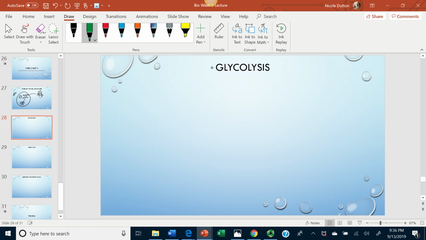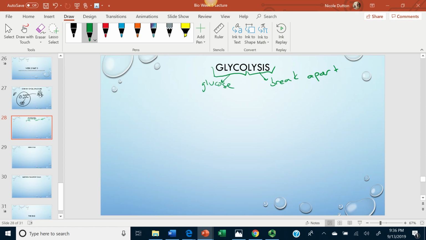Let's start by looking at this word for a minute. Glycolysis. Lysis means to break apart. And I've always been stressing, if you see a big term, try to break it down into its pieces. Well, lysis is a stem, means to break apart. And glyco is talking about glucose.